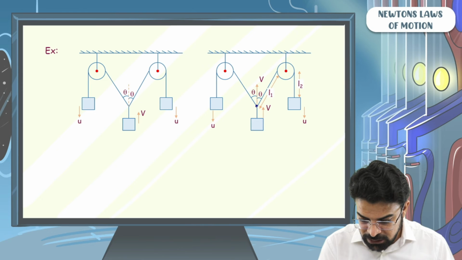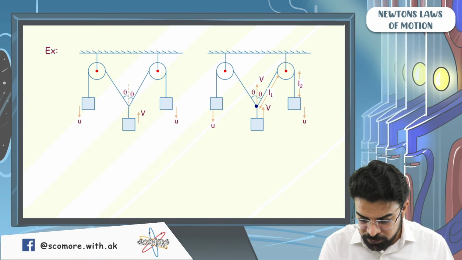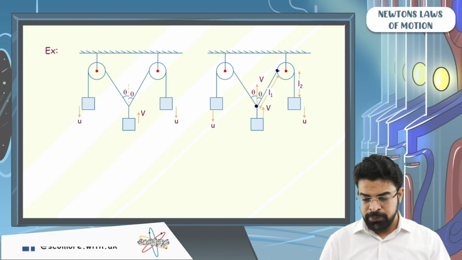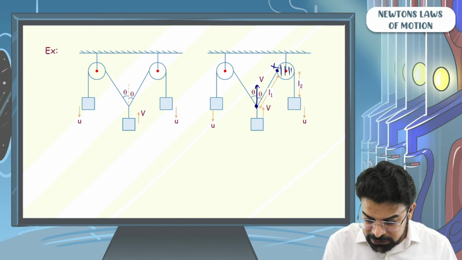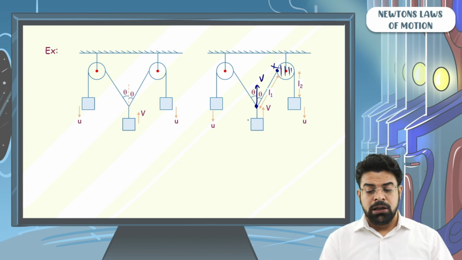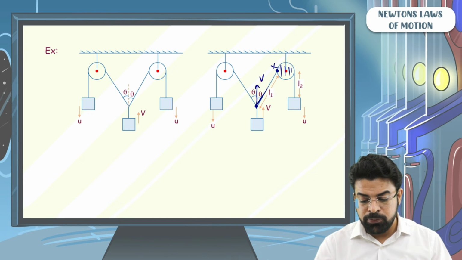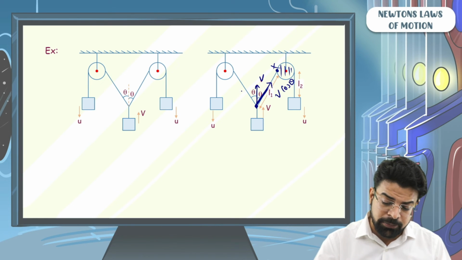The distance from this tip to this pulley. This pulley is fixed, so this top terminal is not moving, and this terminal goes up with a speed v. Now you can break down this velocity into components, one along the string, that will be v cos theta, another perpendicular to the string, that will be v sin theta.